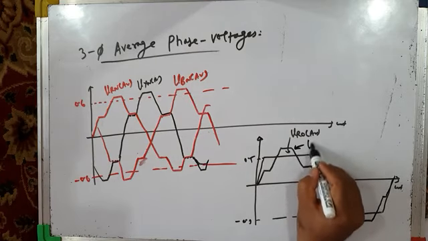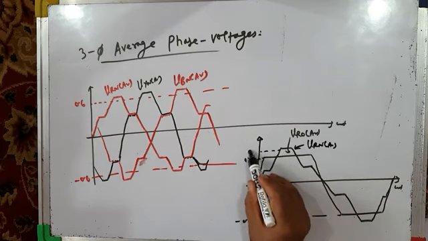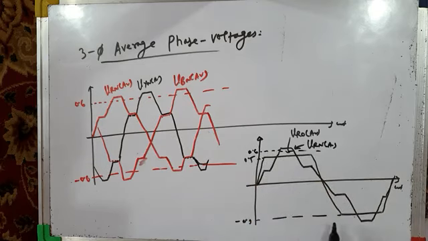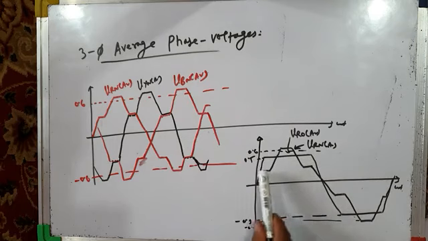So this is VRN average and this is 0.6. So it is slightly greater than 0.6 and minus 0.6. So this is the comparison between pole voltage and phase voltage. You can see phase voltage is different from average. Average phase voltage VRN average is different from average pole voltage VRO average, because this is the effect of over-modulation.